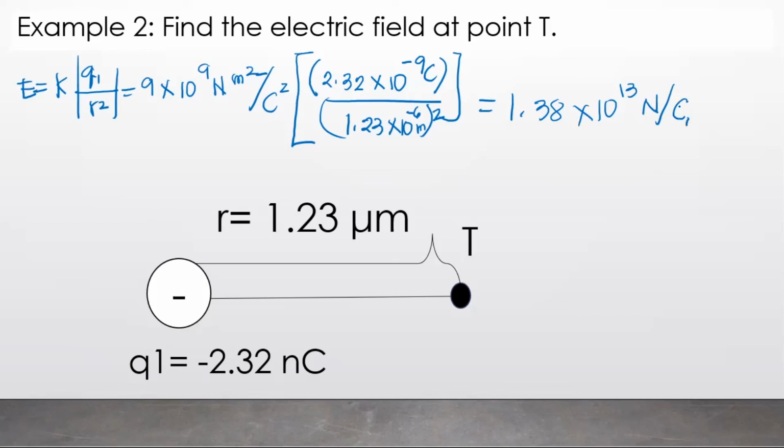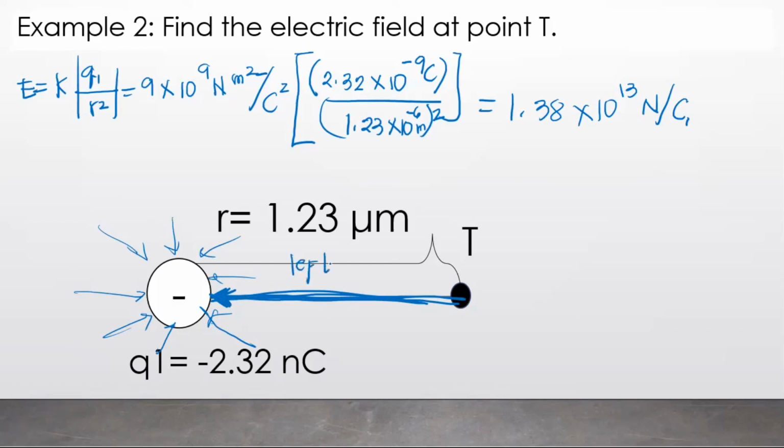Then we analyze the direction. Our Q1 is negative, therefore the direction is inward. So this is the direction of the electric field: to the left.